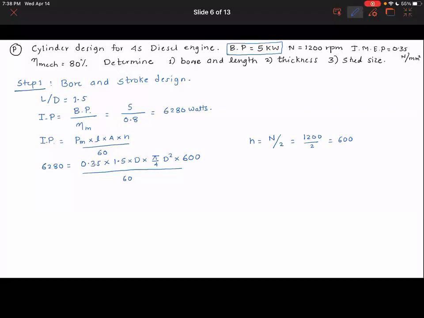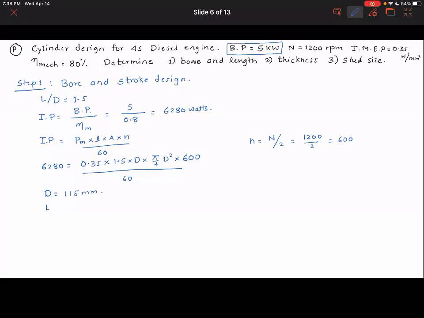So I would encourage you to use your calculators, quickly solve this and tell me the answer. And the answer is 115 millimeter.